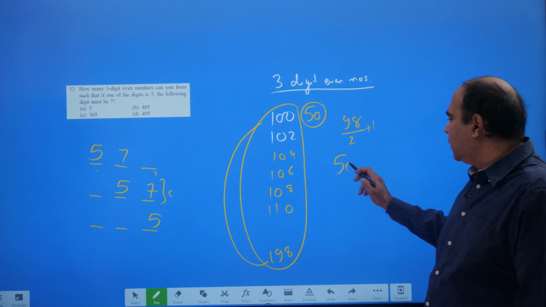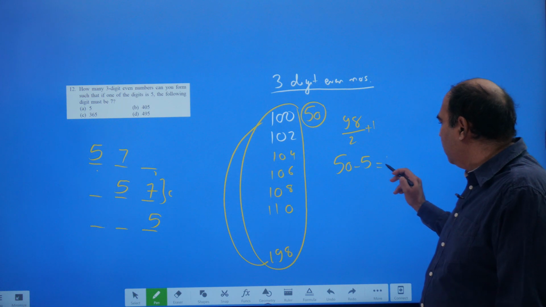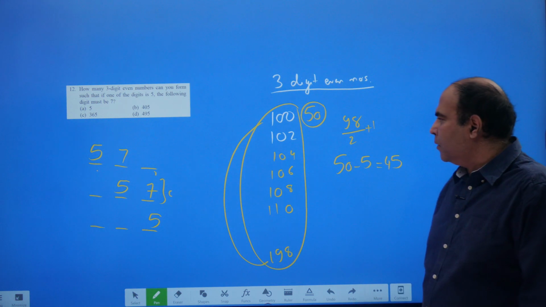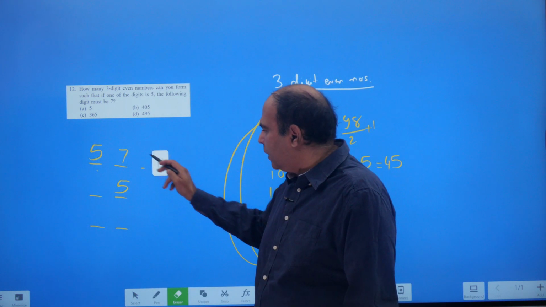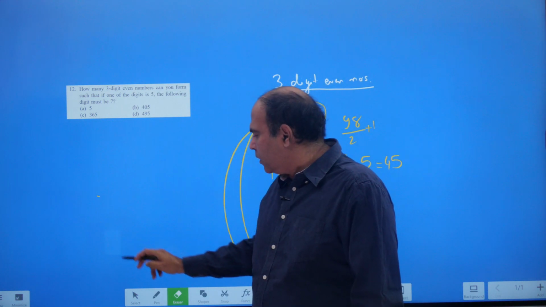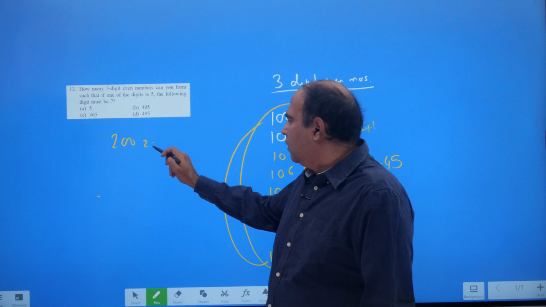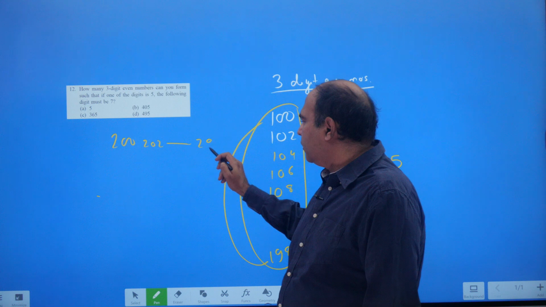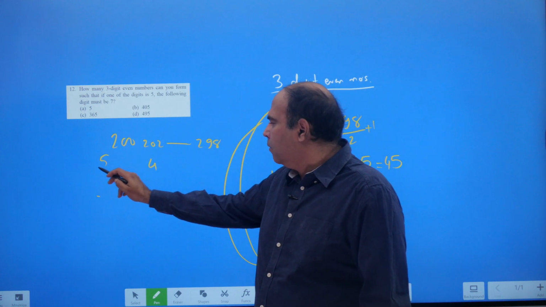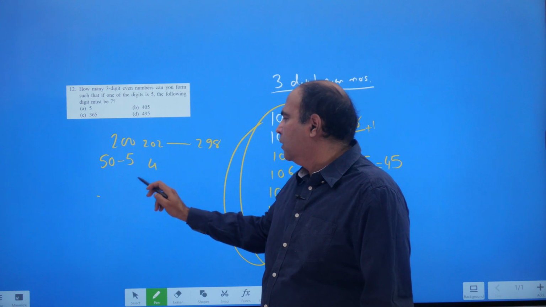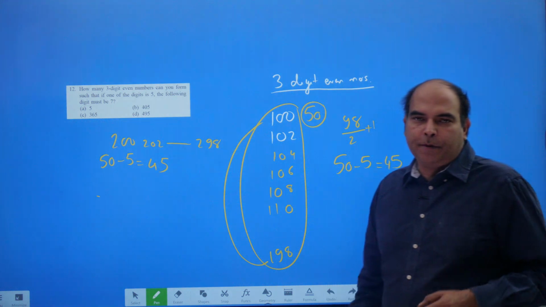So from 50 numbers, in the hundreds, you're left with 45 numbers. How many such series are going to be there? What happens in the hundreds will also happen in the 200s. From 200 to 298 there are 50 numbers, but you subtract 5 to make it 45, because the numbers in the 250s will all disappear.